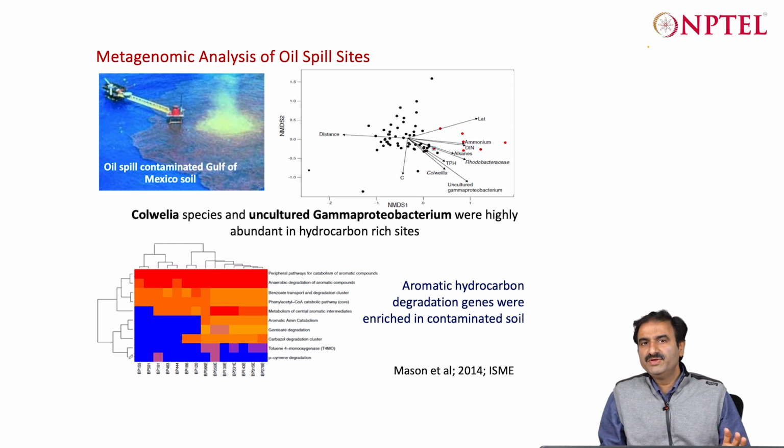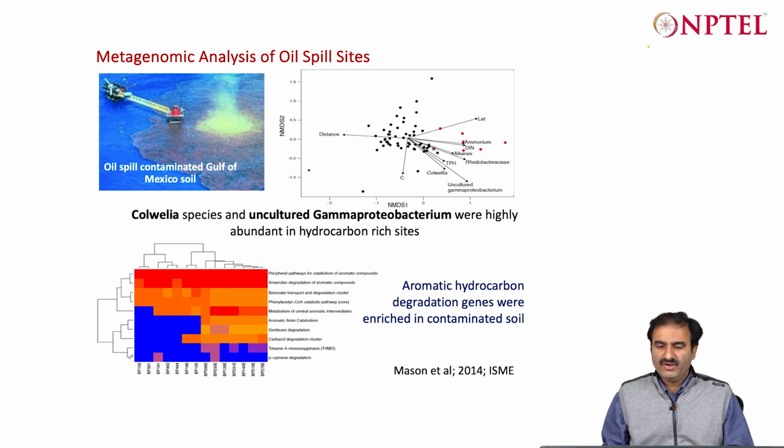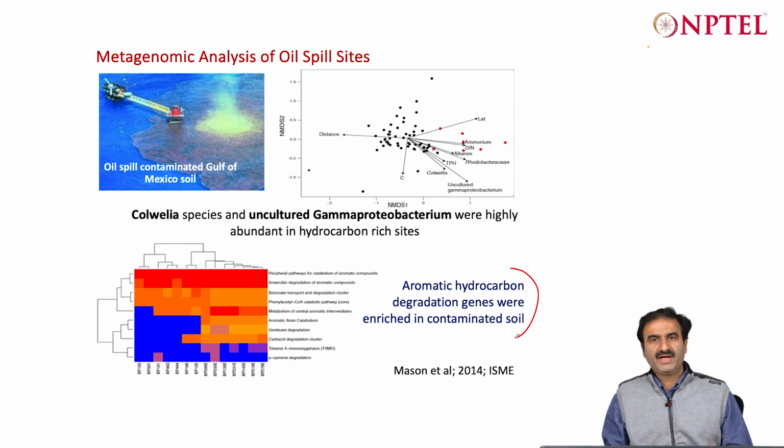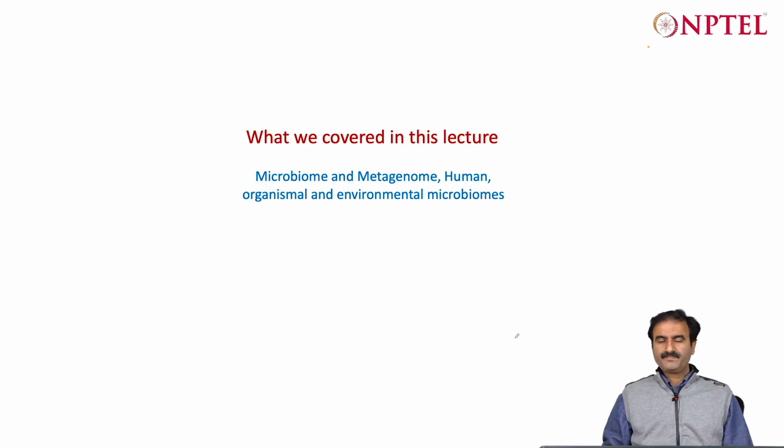That has a huge impact on the ocean environment, and in those oil spills there could be microbes which can actually degrade the oil. So identification of those microbes will be very important to tackle such environmental issues in the future. One metagenomic study of oil spills revealed the presence of many microbes that can degrade a lot of aromatic hydrocarbons and can be used for bioremediation purposes.